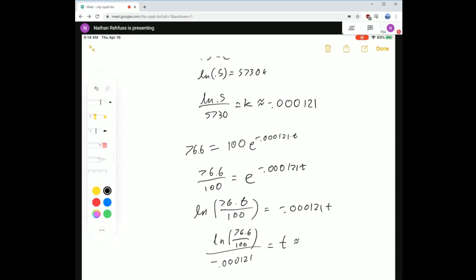Now in my calculator, I got 2,203.08, but we can't really report this result with that much accuracy. I'll just say this Roman person definitely died around 2,200 years ago, somewhere between 2170 and 2230 would probably be a good guess.